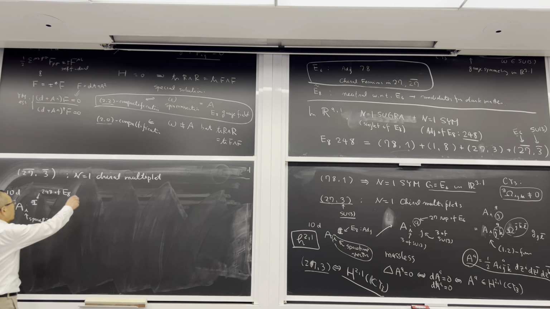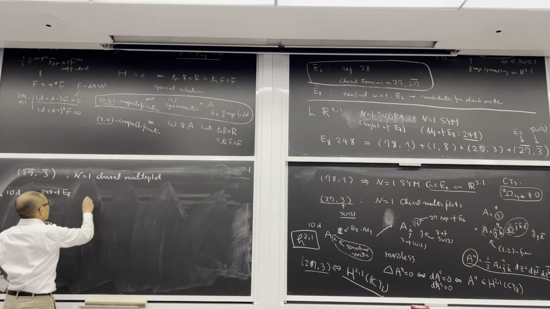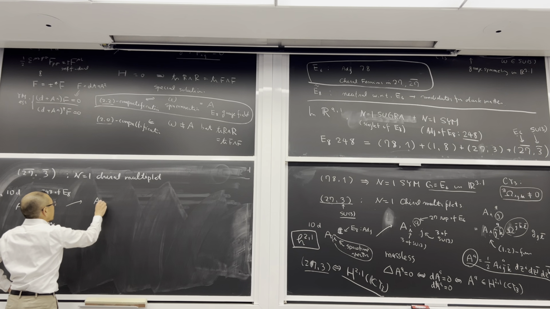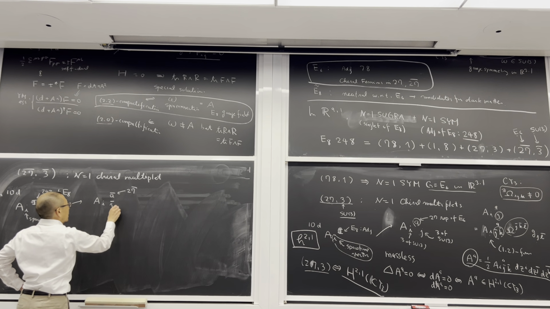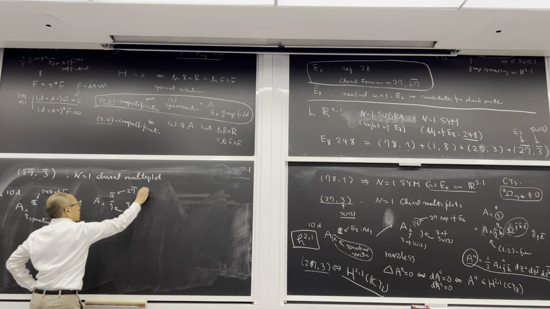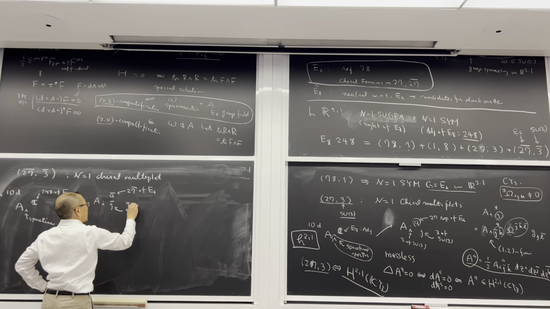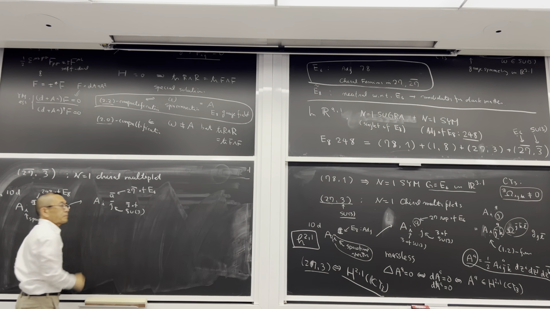Among them we are interested in finding the representation where this is the 27-bar of E6, and this is the 3-bar of SU(3).